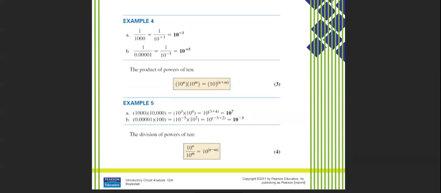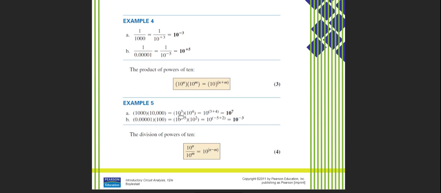Okay, so when we know how to write down the power of 10, another thing is how to do math operations with them. When we have powers of 10 multiplying together, if I have 10 power of n multiplied by 10 power of m, the result will be 10 as the base, and for the power I will just add the numbers.